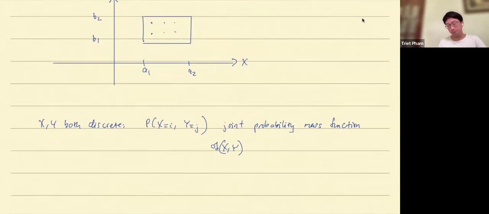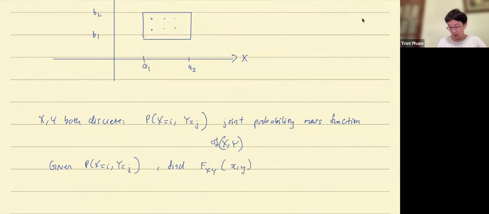So let's see if we understand. Suppose that you're given this function somehow, meaning that it's given for any i, j. How can we find the CDF based on the joint mass function?